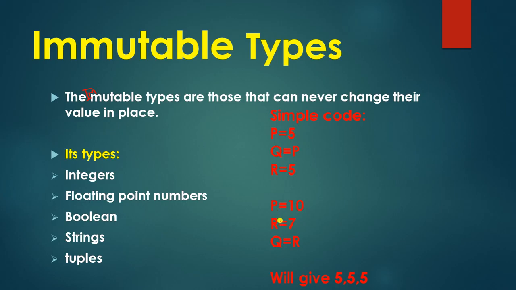Now P is 10, R is 7 and Q is equal to R. If you print the value of P, it will give you the result 10 only.